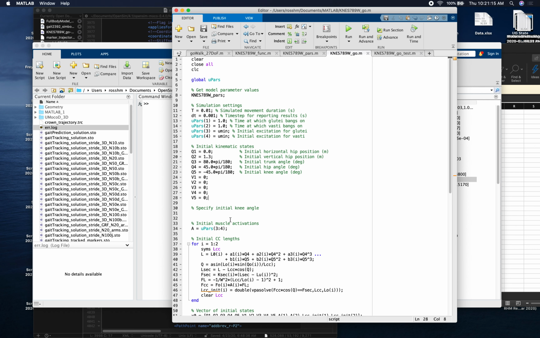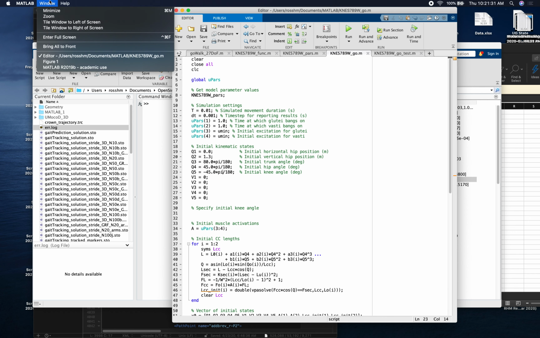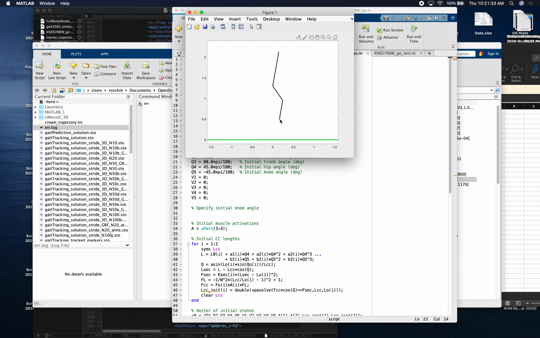The initial vertical force, we're going to take care of that by specifying the value of Q2 here so that our contact point is pressed just exactly deep enough into the ground so that the initial vertical force is exactly equal to body weight. And we're going to specify Q5 here such that the location of this contact point, which we can manipulate by changing the knee flexion angle there, is aligned horizontally with the horizontal position of the center of mass.